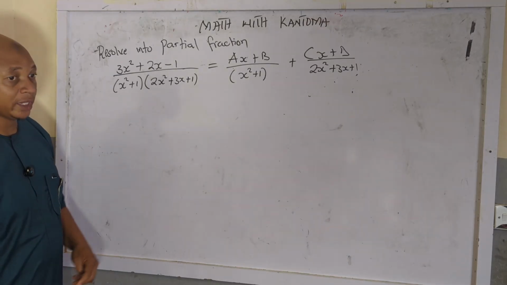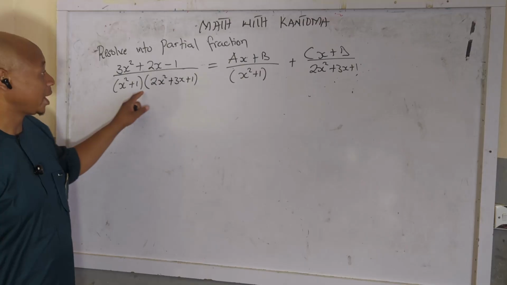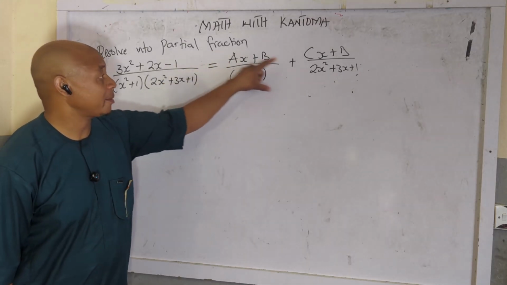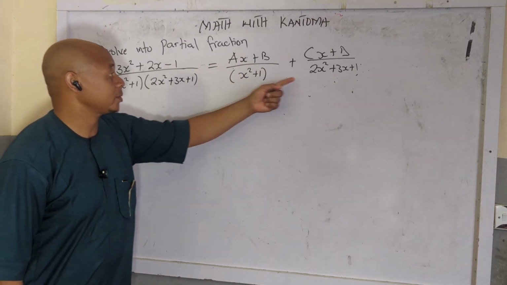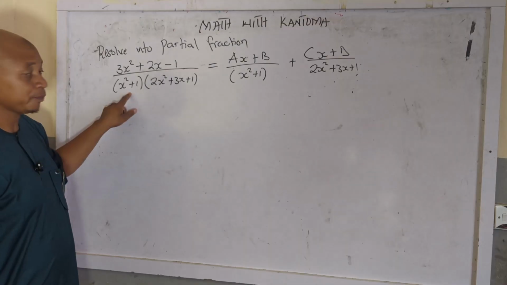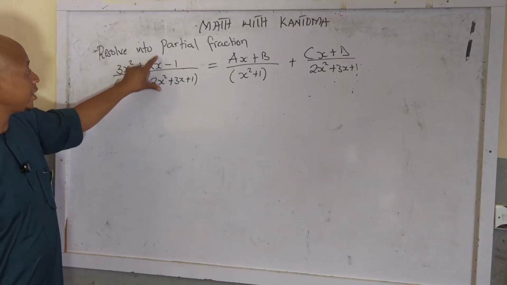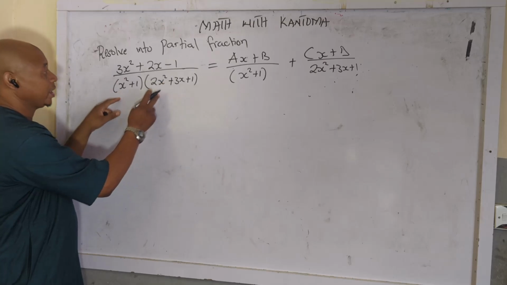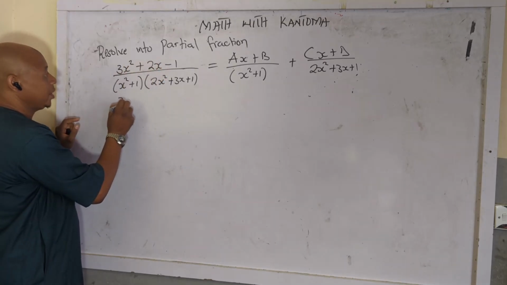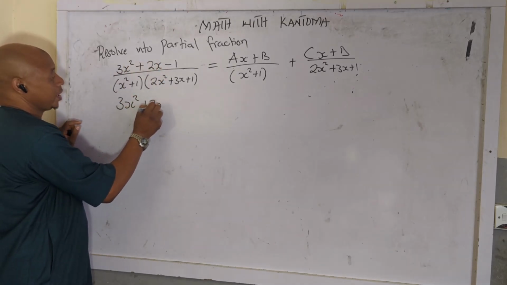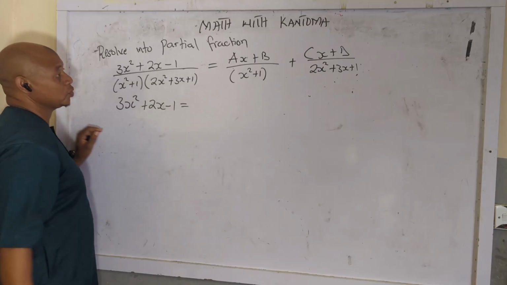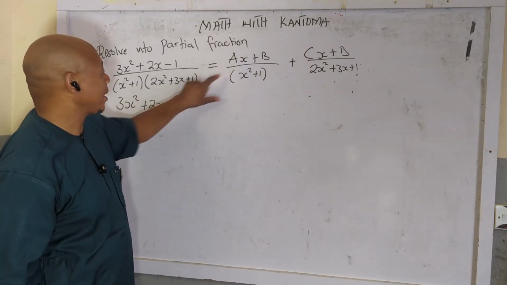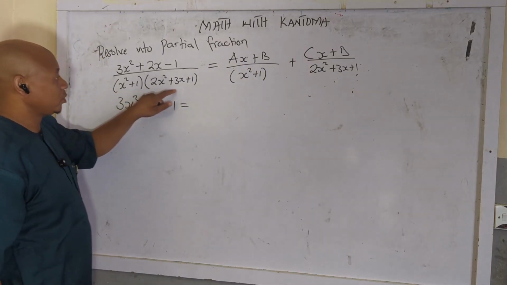Then we simplify further, and by simplification we are going to multiply each term by the LCM, and the LCM is the product of this and this, which is this value. So now if you multiply each term by the LCM, we'll notice that this will vanish, leaving the numerator here, which is 3x squared plus 2x minus 1 equal to, multiply this term by the LCM, the whole of this value.